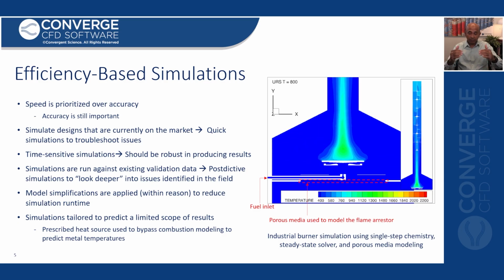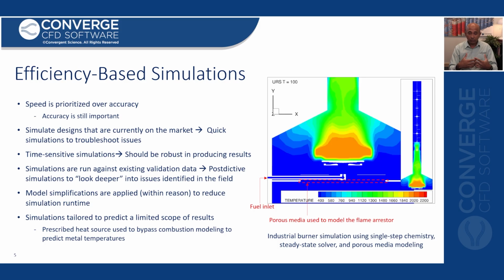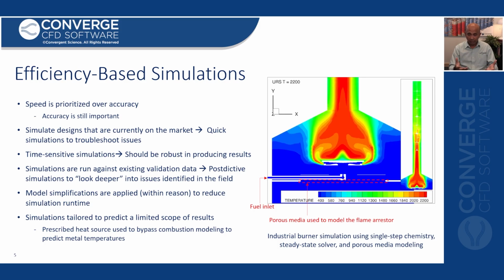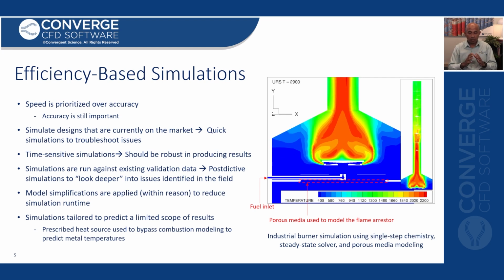Sometimes the flame could actually flash back under certain conditions, so for that you typically have a flame arrestor. Modeling the flame arrestor in a three-dimensional way might be pretty expensive. So in Converge, you can use porous media to model this flame arrestor. That's a simplification you can make if you're not interested in the porous media itself, but in something downstream.